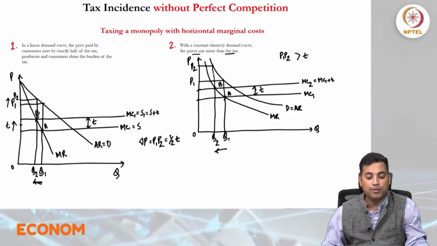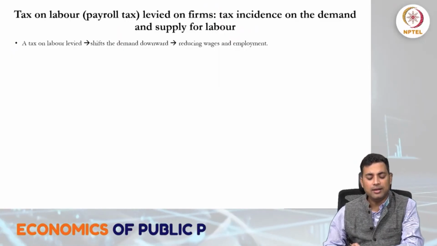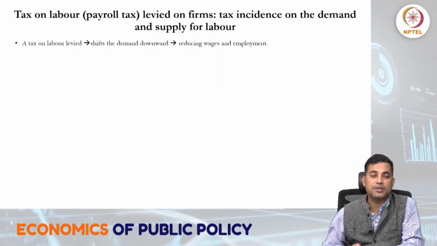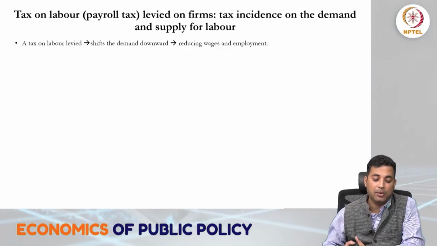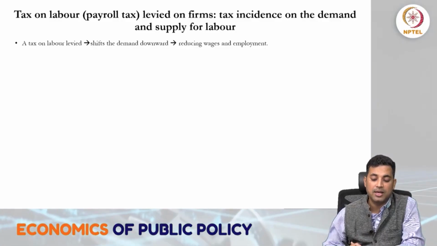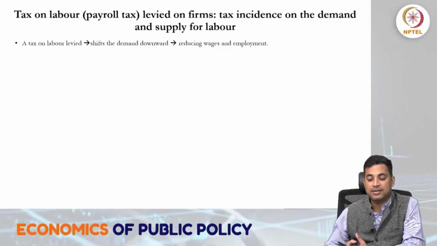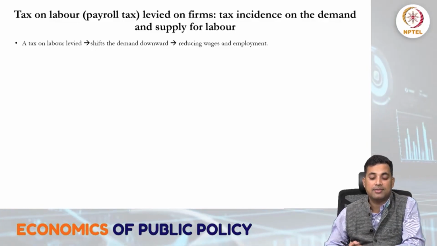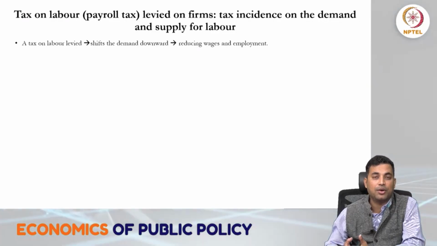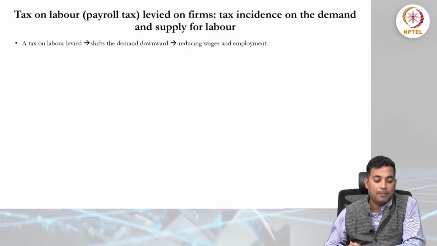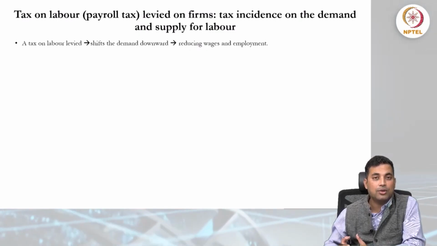So let us move forward and talk about what happens when tax is imposed on labor, say payroll taxes levied on the firms, and how tax incidence happens on the demand and supply of labor.